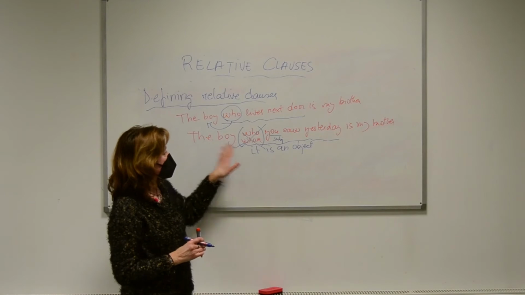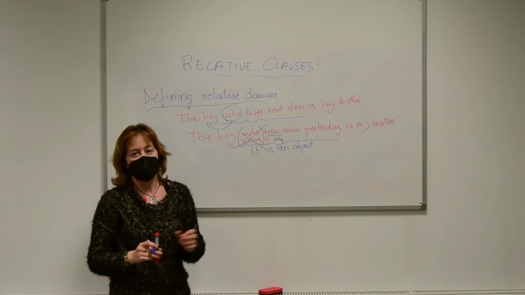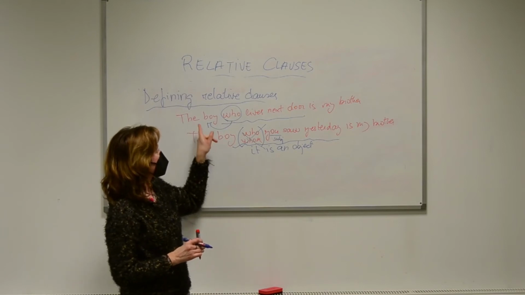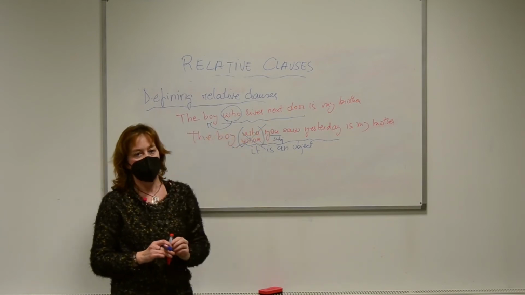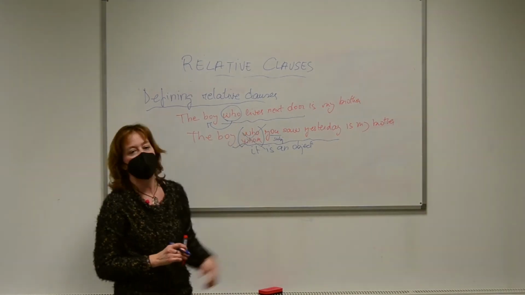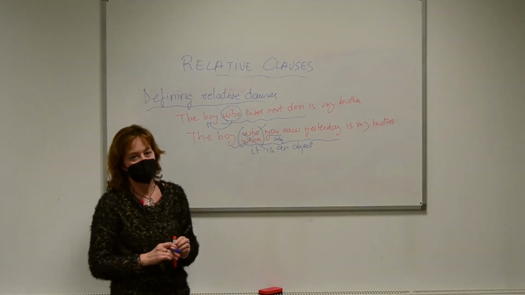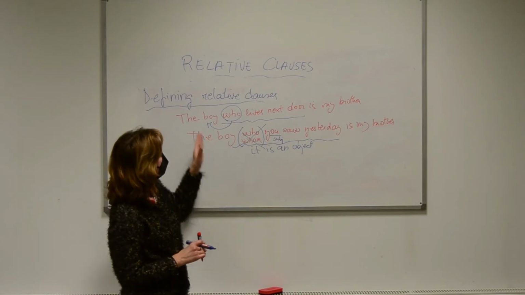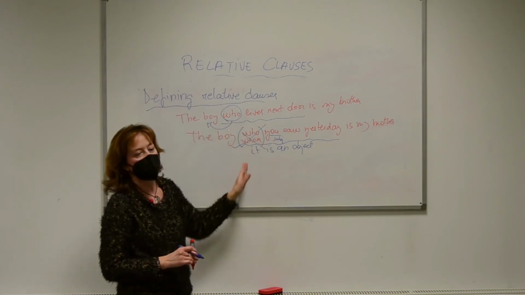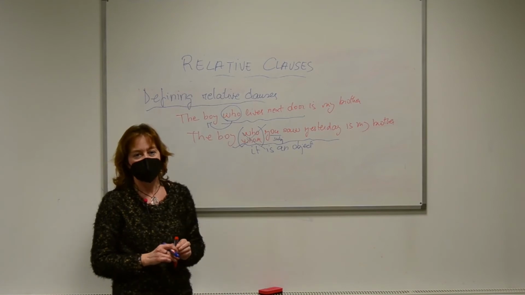We can say, the boy you saw yesterday is my brother. That is completely possible. But we cannot say, the boy lives next door is my brother, because who is the subject of the sentence lives next door. These are defining relative clauses because the information of the relative clause is completely necessary.